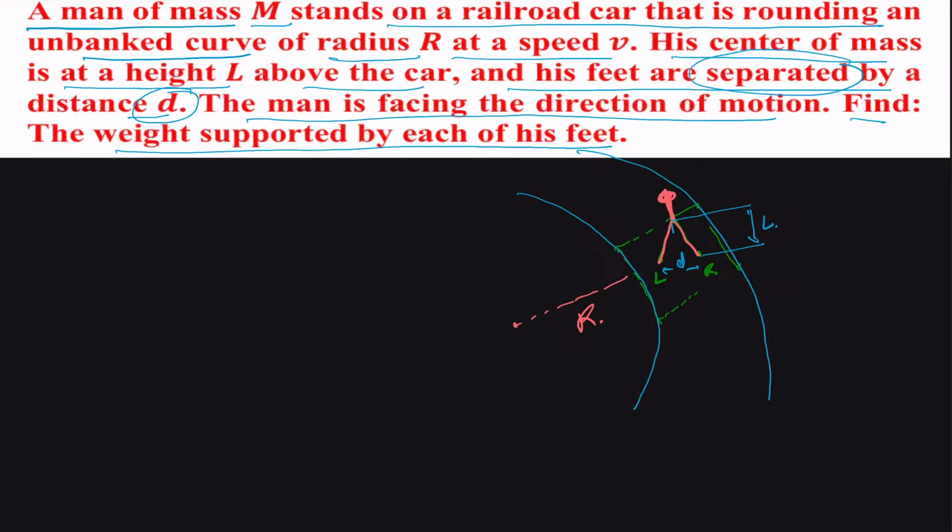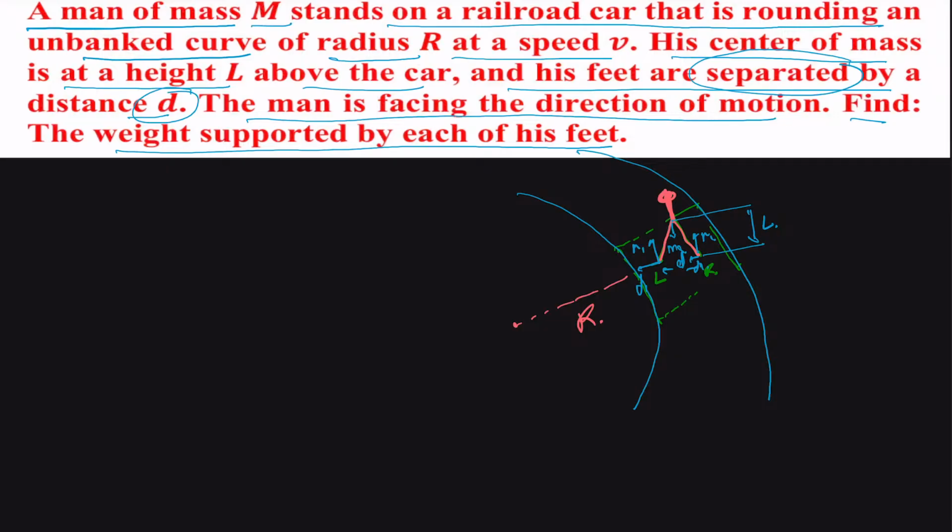So obviously here it will be mg in the downward direction. And there will be two normals, one normal on the left foot, the other normal on the right foot, and there will also be the frictional forces. This will be F1 and this will be F2. Later on we can draw this figure in the broader sense also.